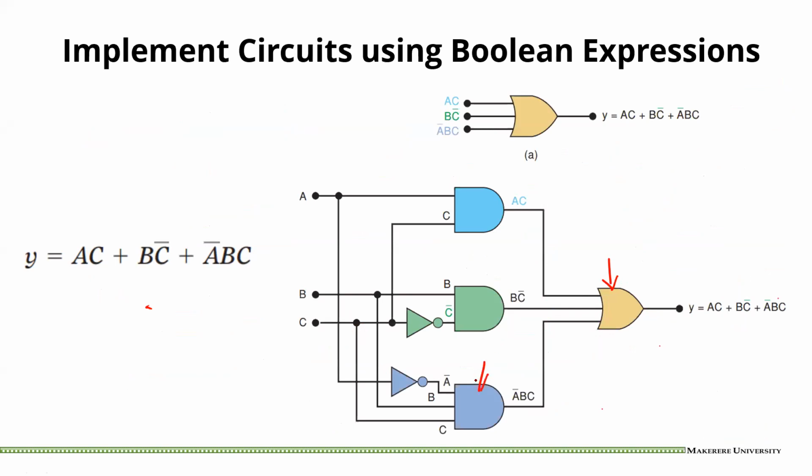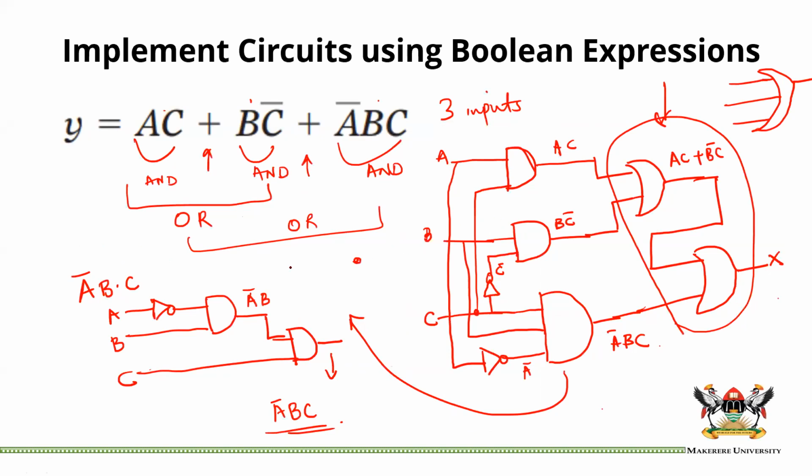Here we have a 3-input AND gate. Generally we want to use as few gates as possible. If I use this type of scenario, I'll have 1 gate, 2 gates, 3 gates, 4 gates, 5, 6, 7. In fact, if instead of this one I use that one, I'll end up with 8 gates, which is a lot.